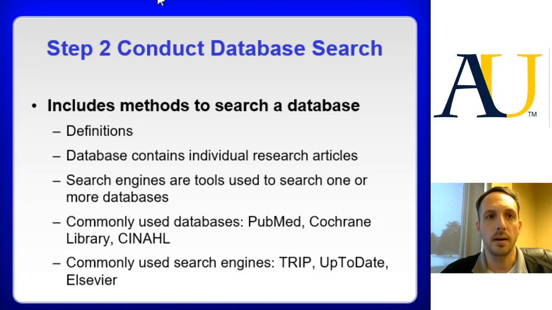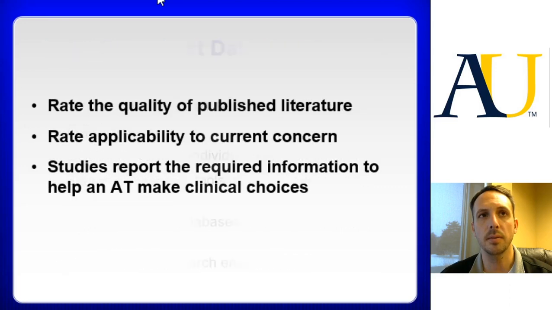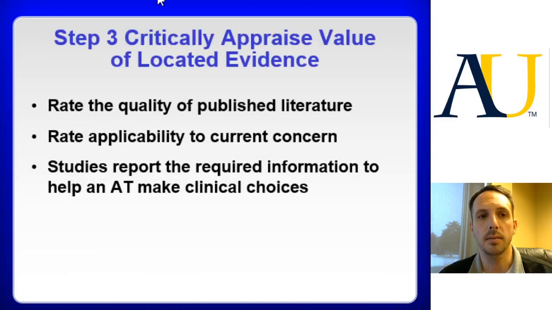There's also different search engines that can be used as far as searching the internet, or different services that can come into play as far as different usually paid for services where they do some of the research for you to begin with.